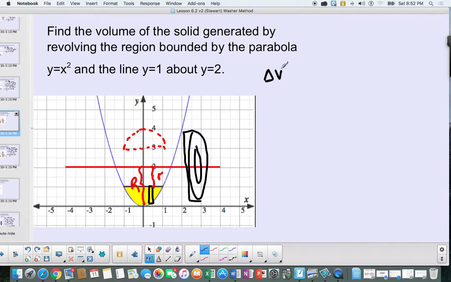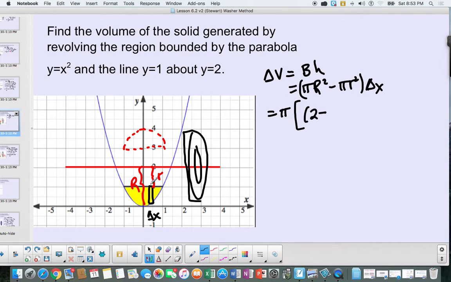So delta V will be equal to area of the base times the height, which is going to be pi big R squared minus pi little r squared, and in this case the little heights are delta x's. Factor out the pi, and my large radius right here is 2 take away, and then I have to go down here to y of the lower.